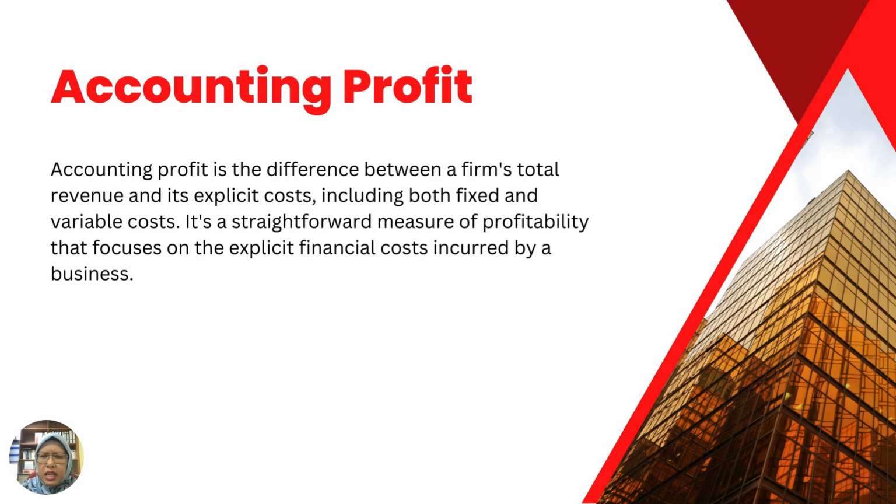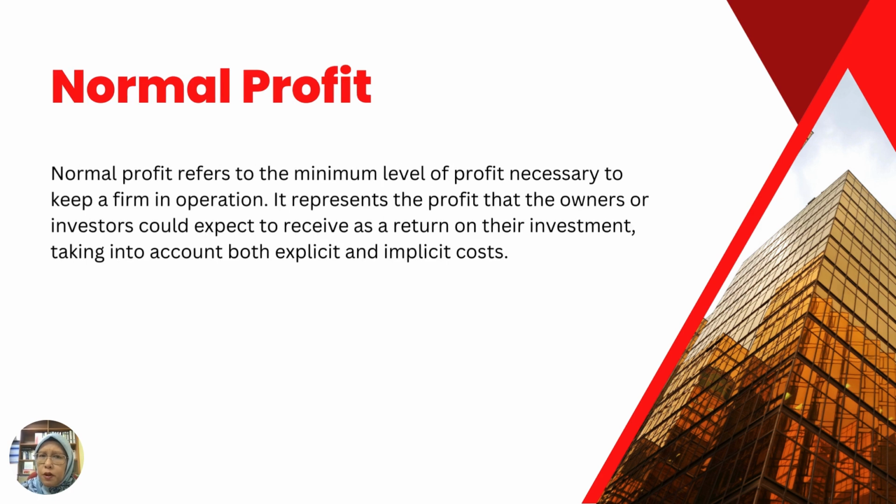Now let's see how it is different from normal profit. This one is a bit deeper. Normal profit is the minimum amount of profit needed for a business to stay in the game. It is basically your implicit cost, or the opportunity cost of the resources you are using. It is actually what you would need to earn to justify staying in business instead of doing something else.